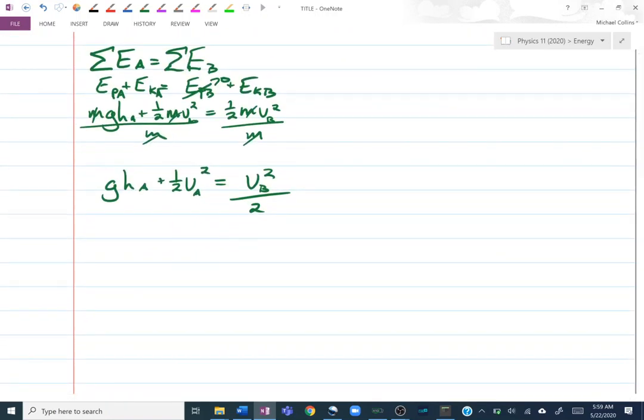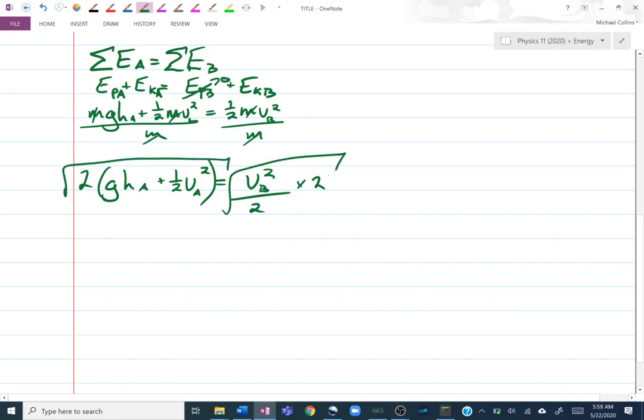Okay, let's finish solving for the velocity at B. I can multiply both sides by 2 and take the square root. On my right-hand side, that cancels, and I end up with VB is equal to the square root of 2 times (g h at A minus a half V at A squared).